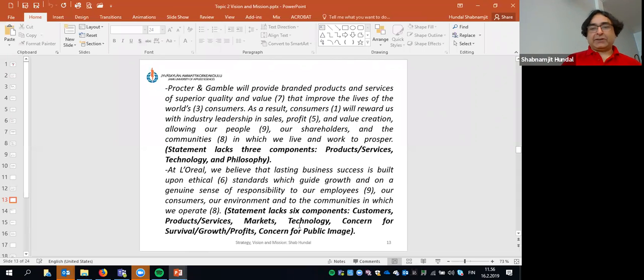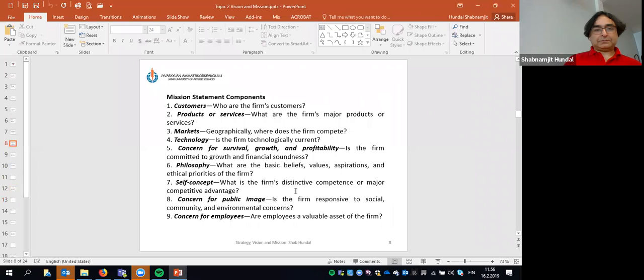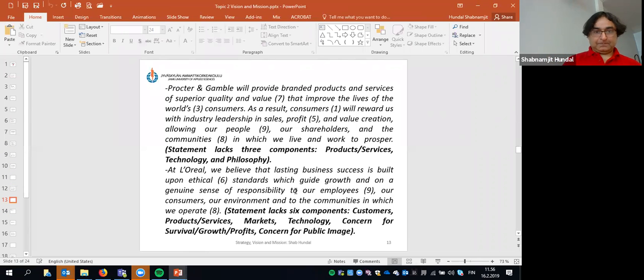They innovate, and they say nothing about it. So out of the 9 components which I listed here, 6 were missing. And Procter & Gamble also missed 3. So primarily, these 9 are not any divine thing which you must follow, but I just make an overall picture that these 9 components must be in the company's mission.